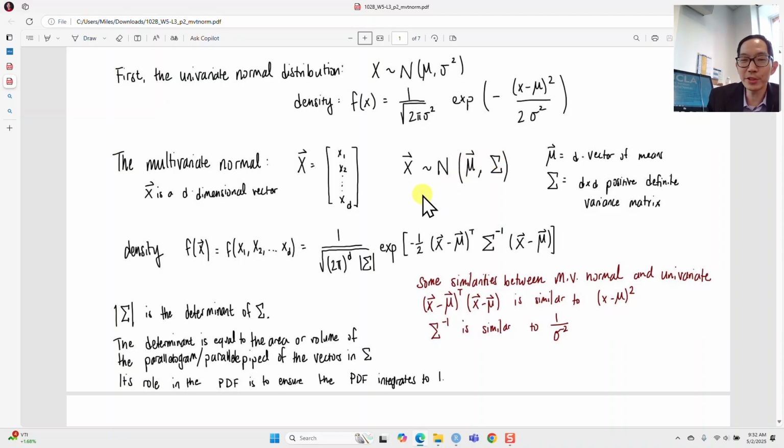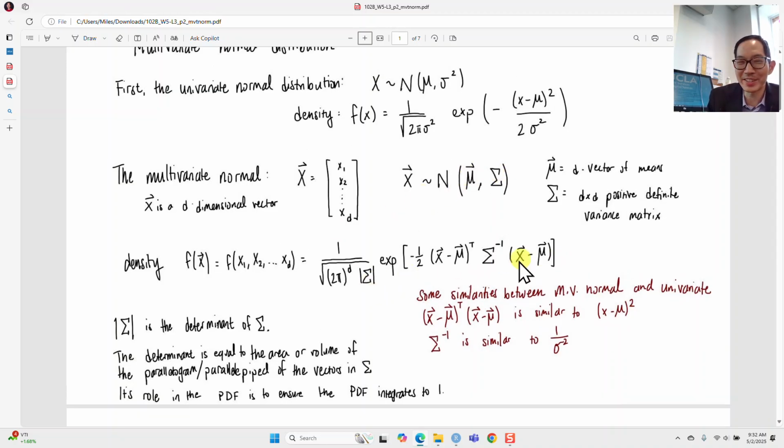And the density function is this mess over here, but there's a lot of parallels between the density function of the multivariate normal and the univariate density function. So you have the same square root of 2 pi, except this is 2 pi raised to the d dimension. We have the variance matrix here, and that shows up here, except it's the determinant of that variance matrix.